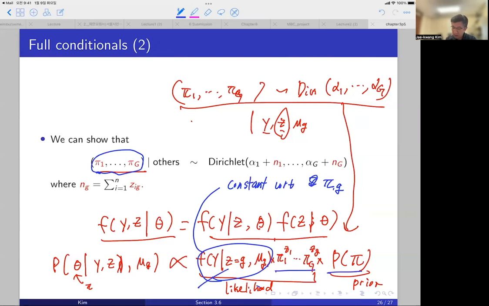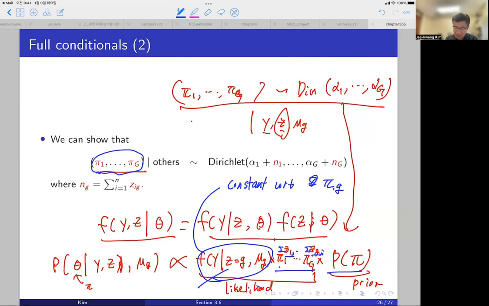So you have a prior, which is Dirichlet, and then you have the individual terms; the likelihood is a product of the marginal density, so here you just have a summation over i.